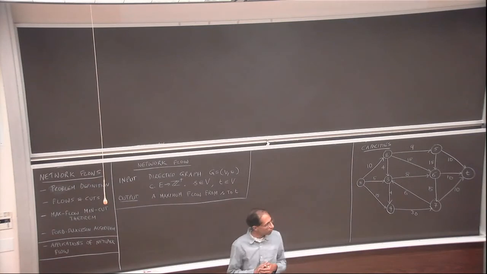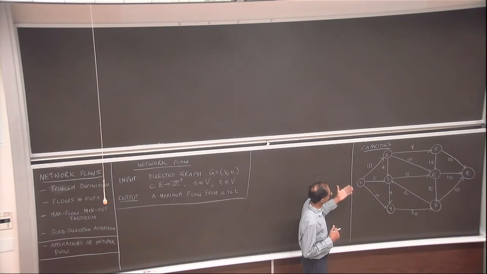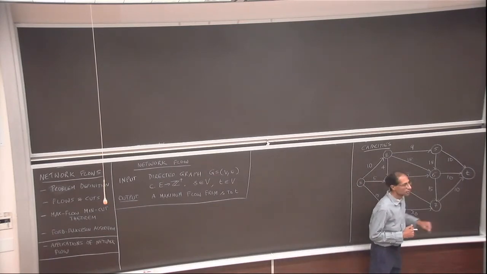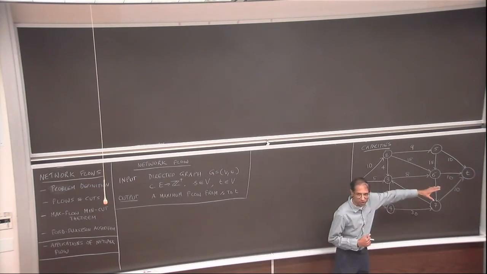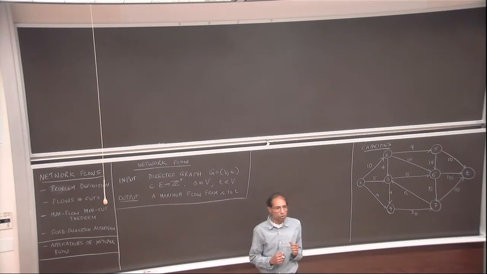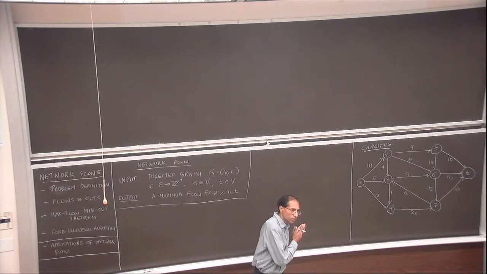Now the goal in the problem is, you're given this network, a directed graph with capacities, a particular source, and a particular sink. The goal is to figure out how much fluid, or how much bandwidth, I can get by sending stuff out from S to T. Now don't think of it as a fixed amount of stuff going from S to T. Think of it as a continuous flow of fluid from S to T that's going to go on forever.